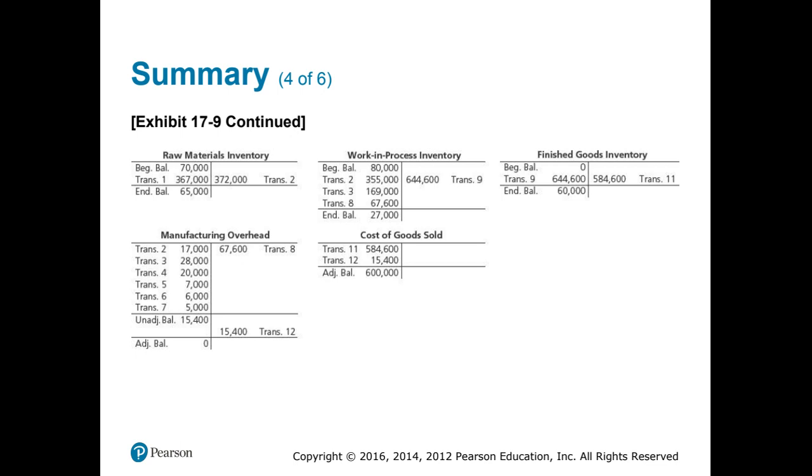This is what our T accounts would look like based on the entries that we've done in those prior transactions. And again, this just shows you the different transactions and what happened within each transaction.